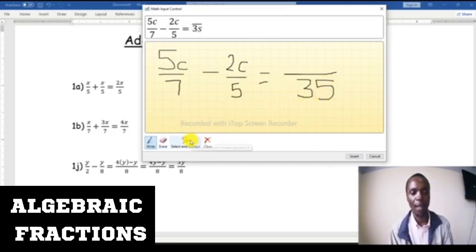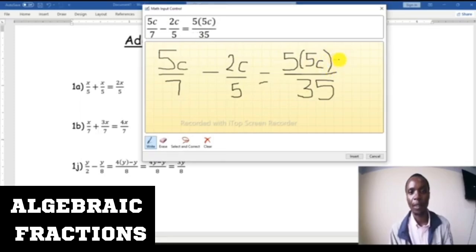To get the numerator, we divide 7 into 35, we get 5, and we multiply by the numerator there, so 5 bracket times 5c.